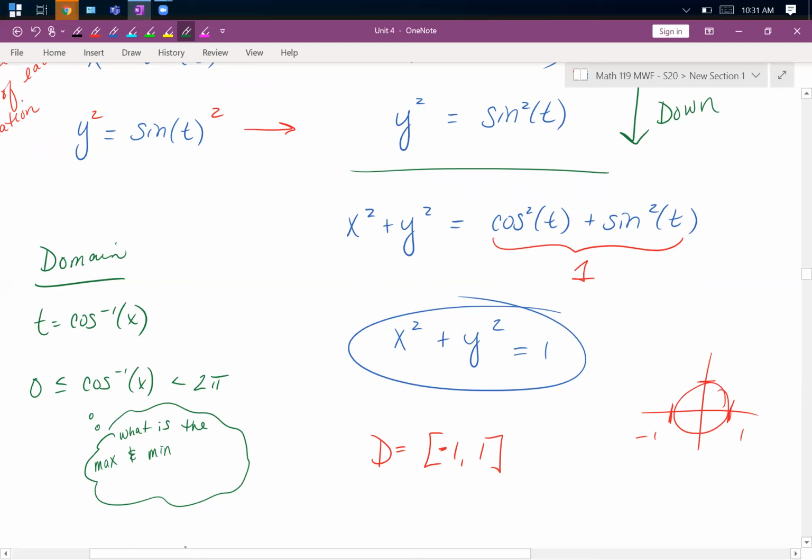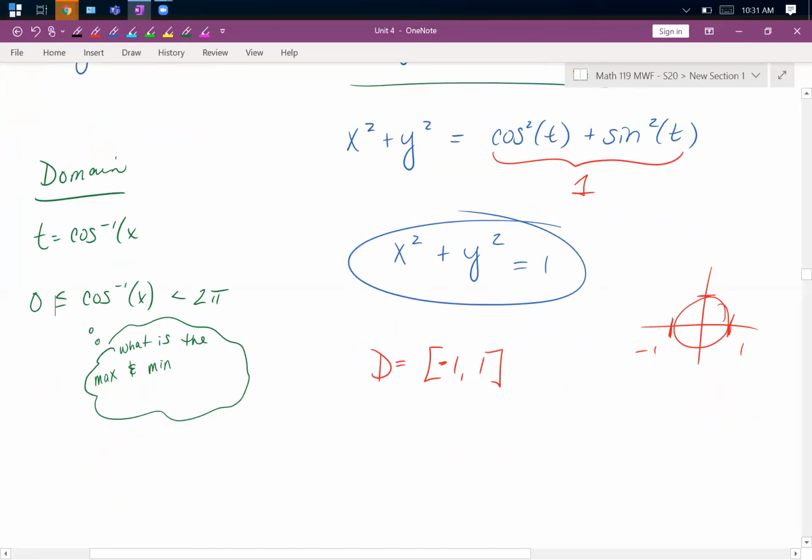It's tricky. We can't just then take the cosine of 0 and 2 pi, because cosine of 0 and cosine of 2 pi are both the same. But in between 0 and 2 pi, we get a different value. So we're not going to get the correct domain if we just do it this way. We kind of have to think about it more.